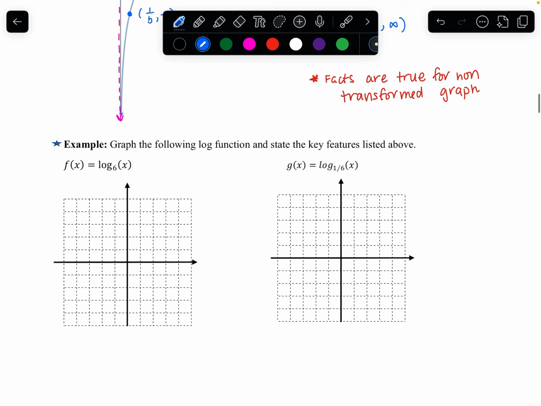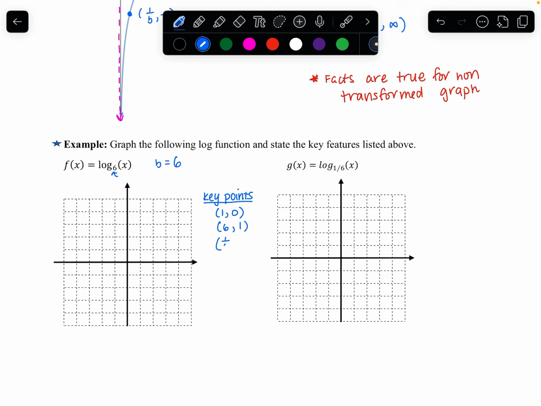Let's use these facts here. So your step 1 is to start by identifying the base. For us, the base right here is 6. Then what I like to do is list out my key points. Remember, they were (1, 0), (b, 1). Instead of a b, I'm going to write a 6, since we're going to plug some values in.